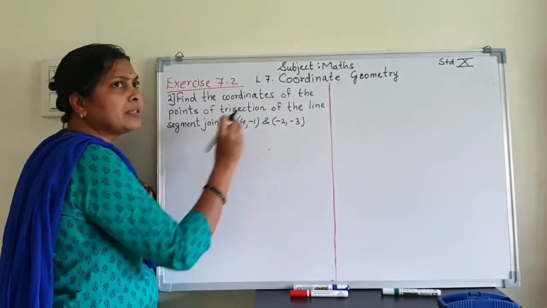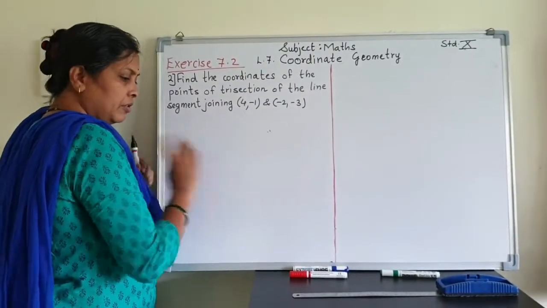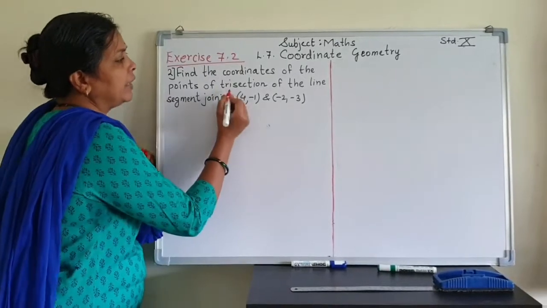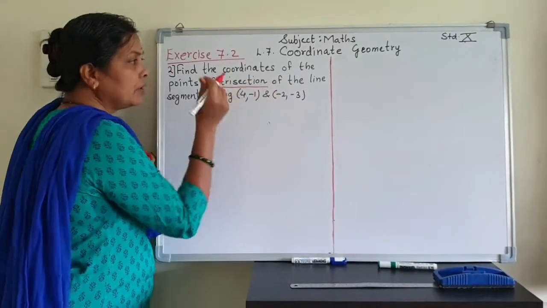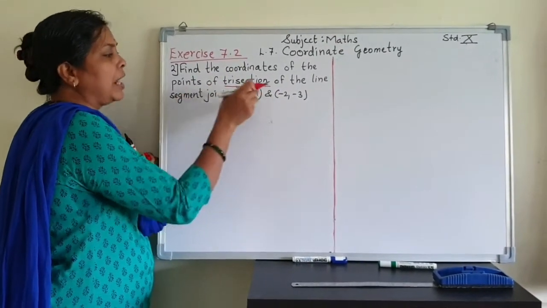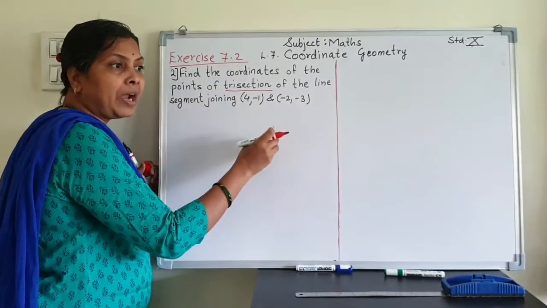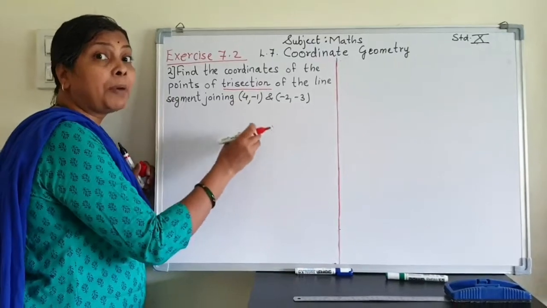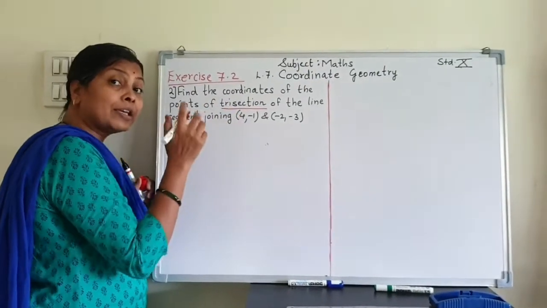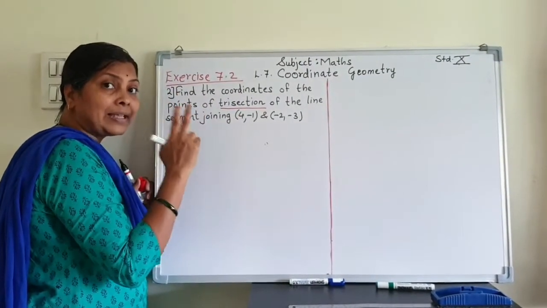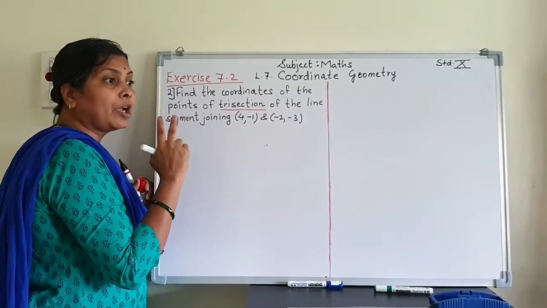But nowhere can you see the ratio. But here one word is given, and that is trisection, trisection of the line segment. It means the line segment is divided into 3 equal parts. Bisection is 2 equal parts, trisect means 3 equal parts.